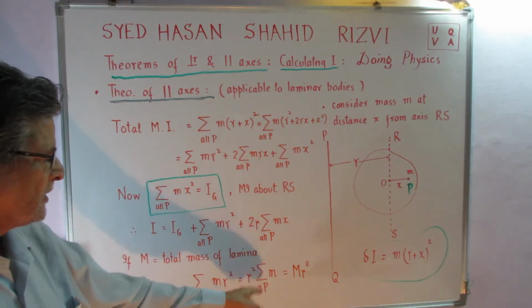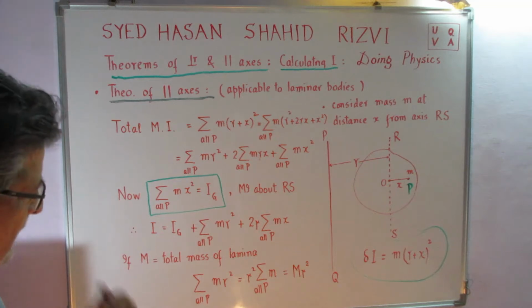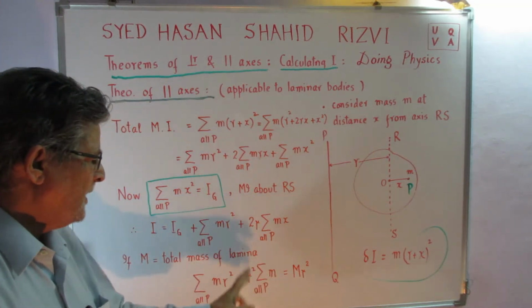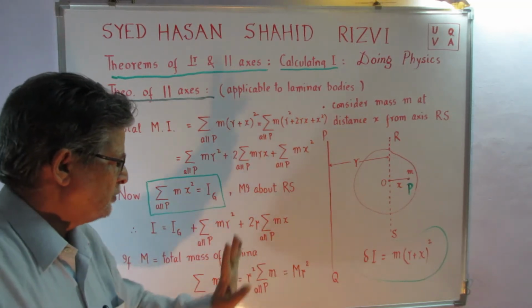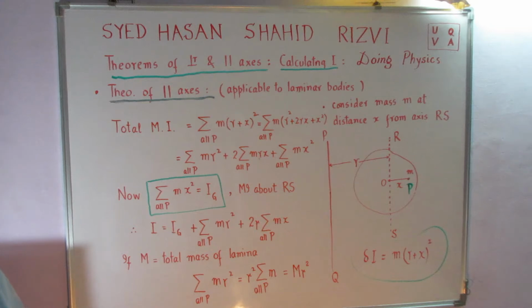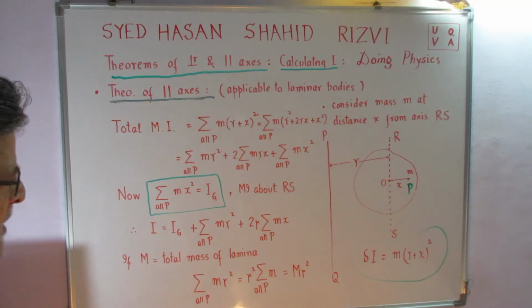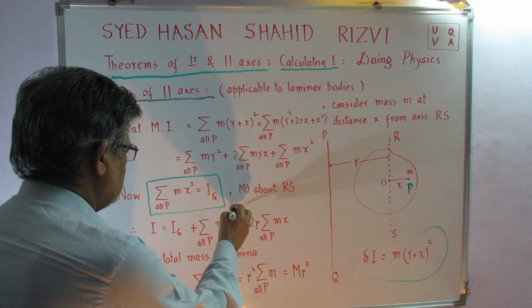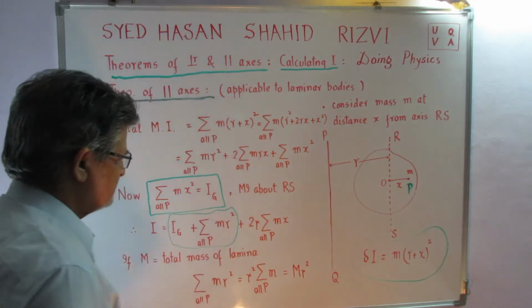So summation of all the masses for all values of p, all positions p where the masses are situated. So this turns out to be equal to capital M, and therefore the value of this term is equal to mr square. So this must be coming to your mind that the theorem has been proved, because there is one term which is Ig and the other term is this.